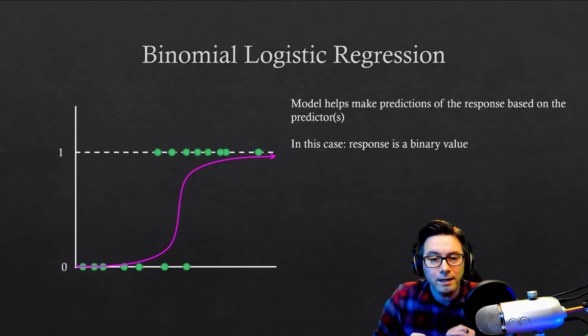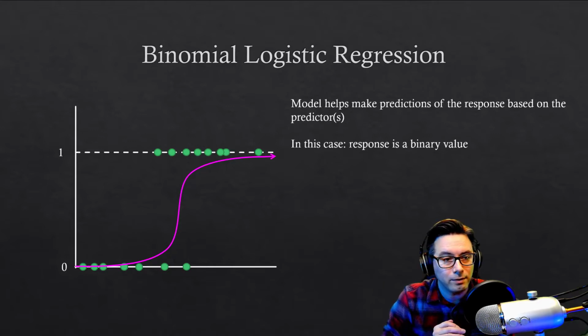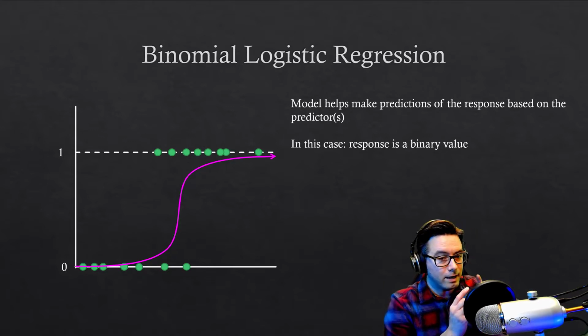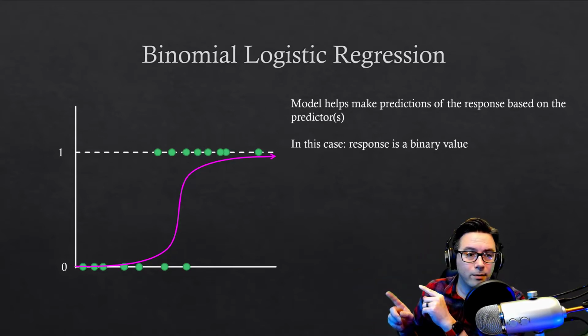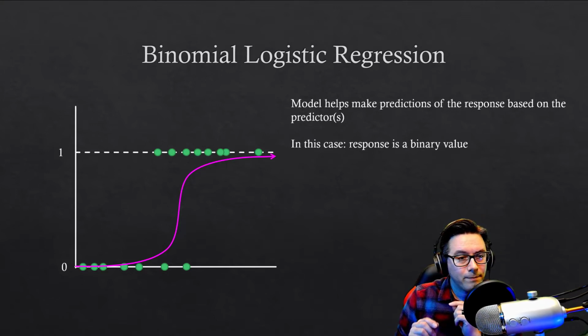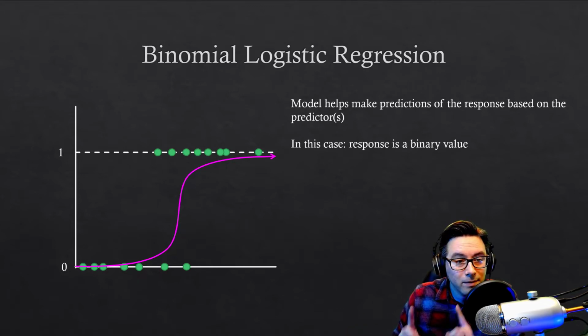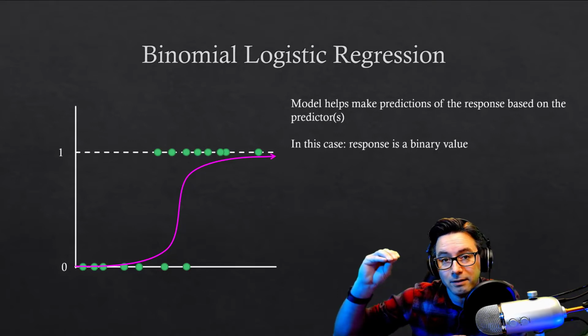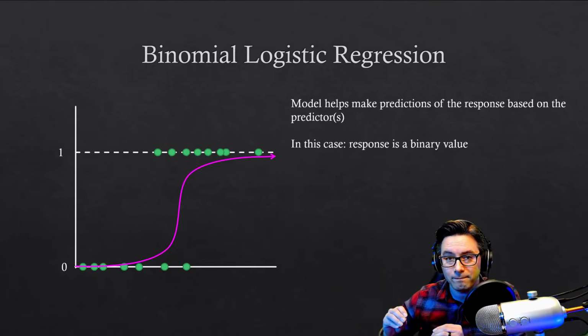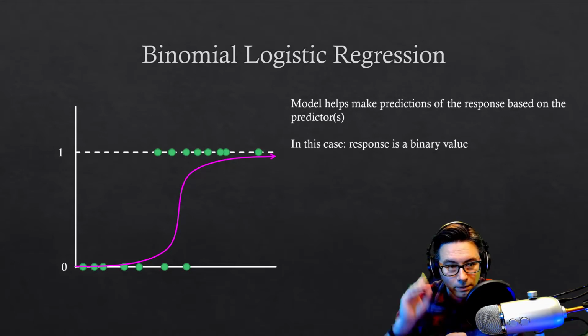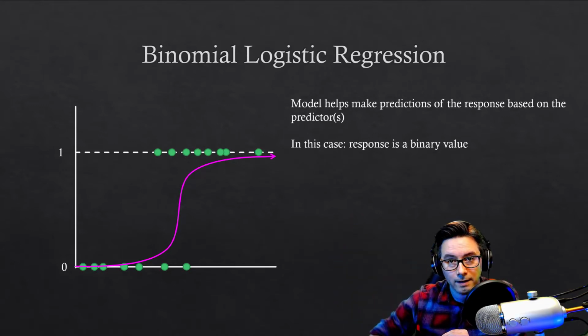So anyways, this is the kind of representation of it. The idea is that the model helps make predictions of the response based upon the predictors, just like before, except this one is either, like I said, is something or it's not, right? And so if it is, it's a 1, if it's not, it's a 0.